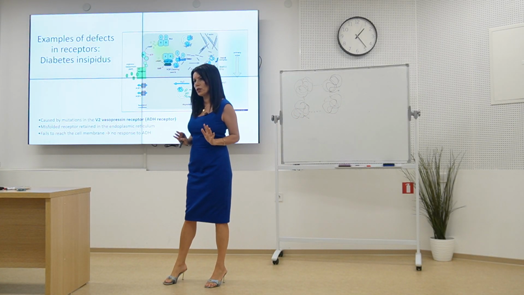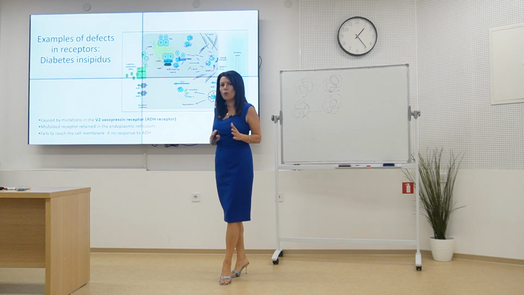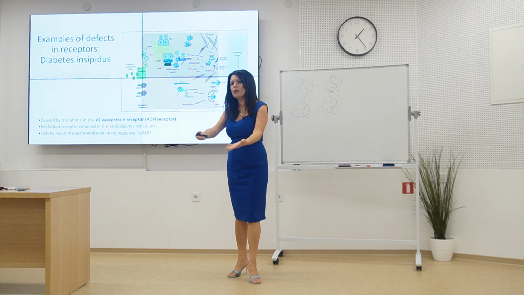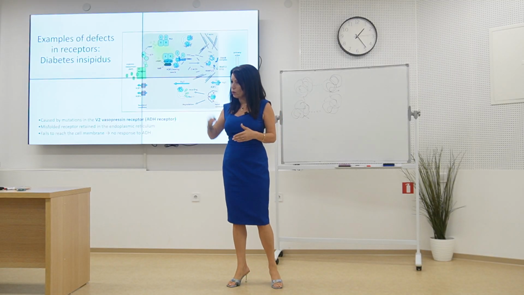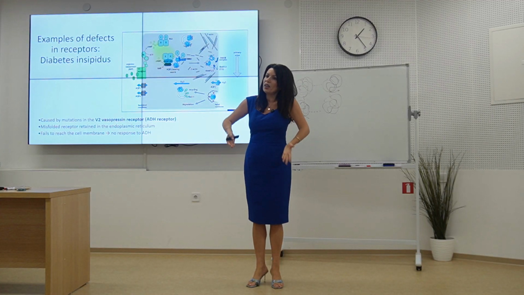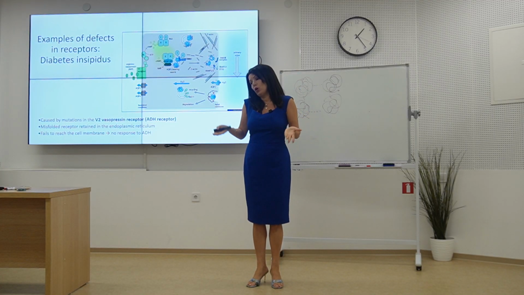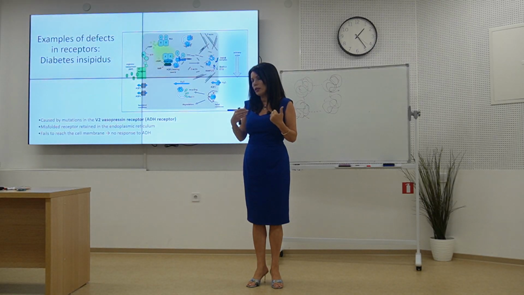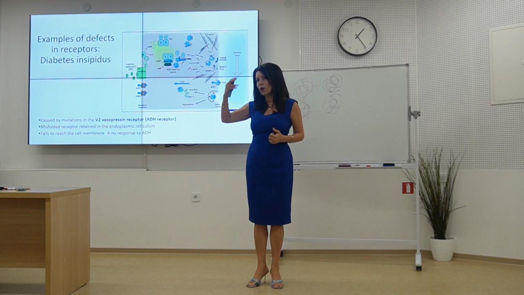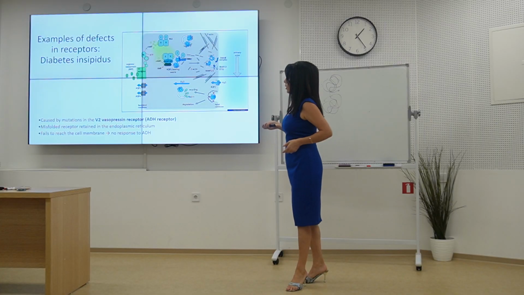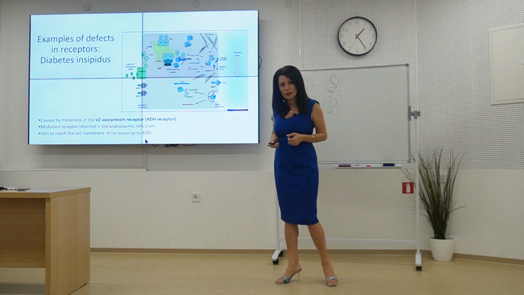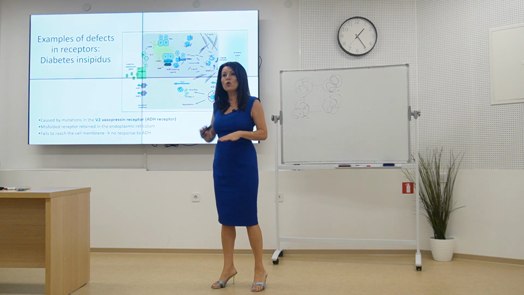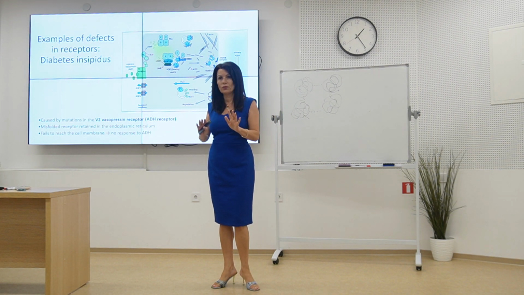This is the normal situation because the action of the antidiuretic hormone is antidiuresis, which means resorption of water from the urine to the blood, which means an increase of water in our organism, and the result will be high blood pressure. But in this situation, we don't have an intact receptor, which means no response to ADH, no response to vasopressin. This is the reason. We have intact hormone, but no receptor.